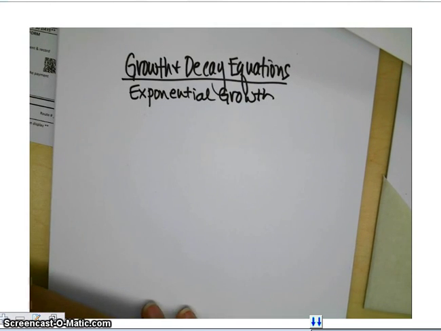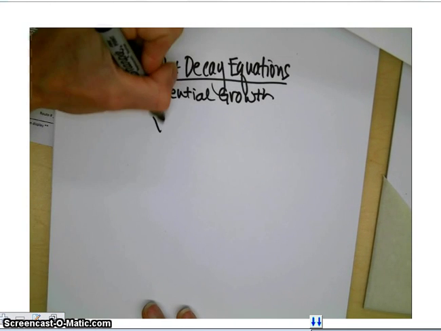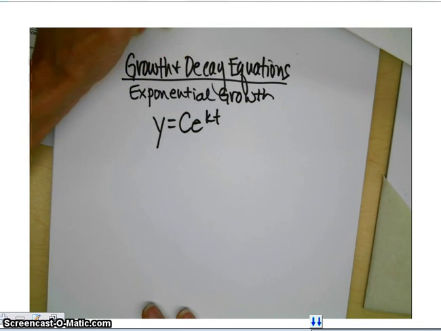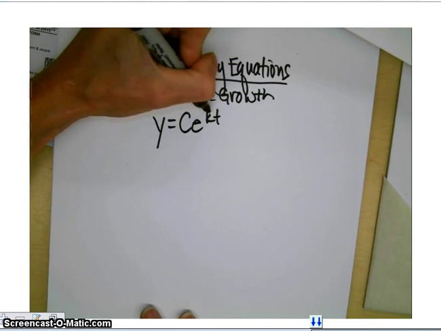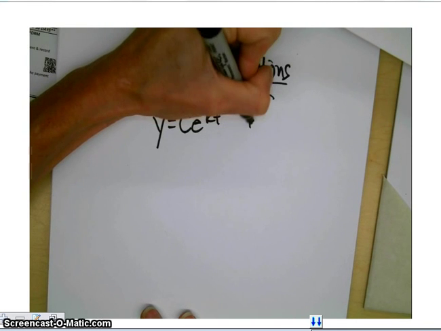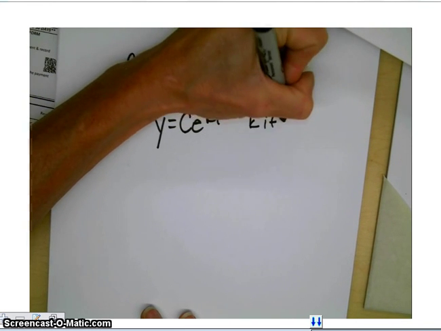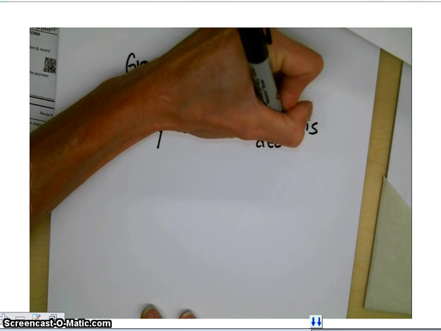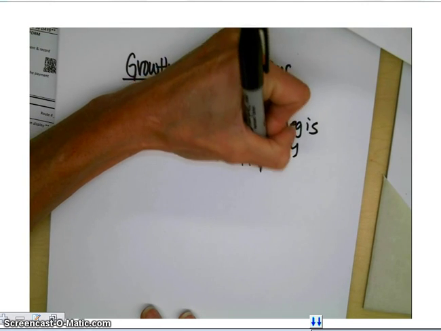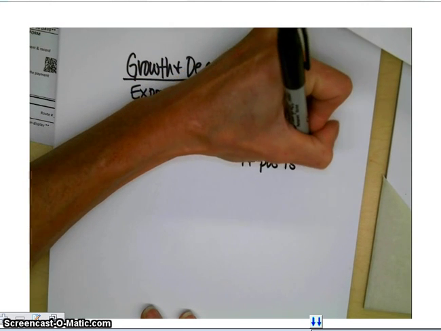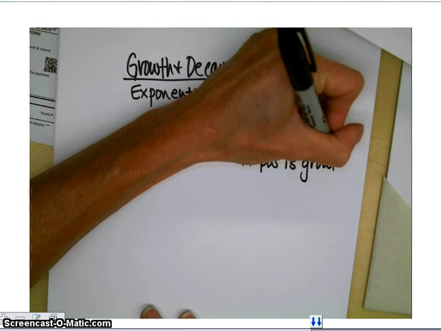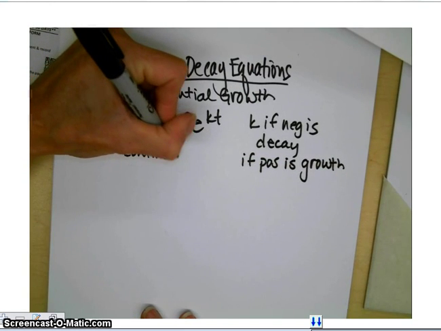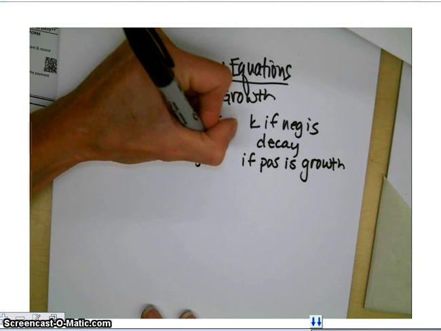And basically any equation of this format, y equals C e to the kt. K, if negative is decay, if positive is growth. And this is always continuous growth or decay.